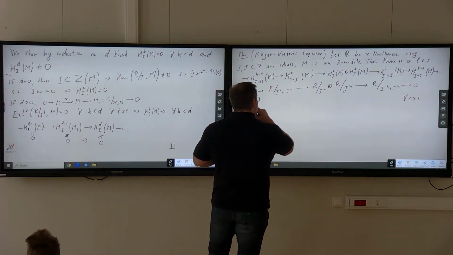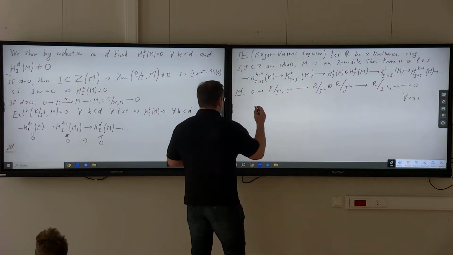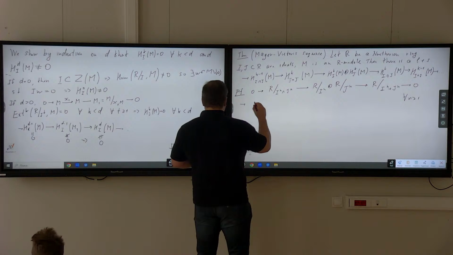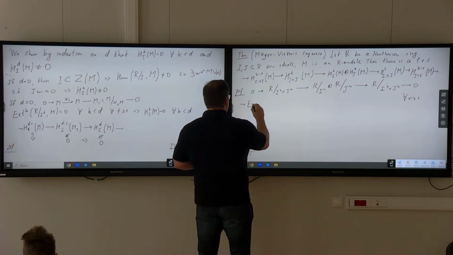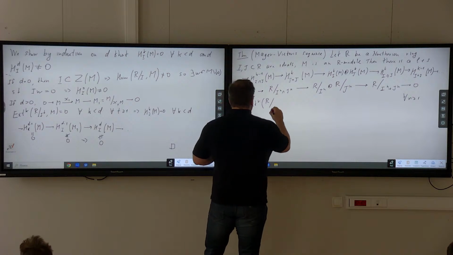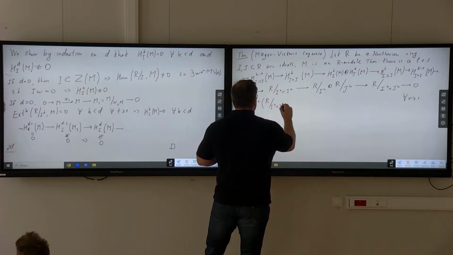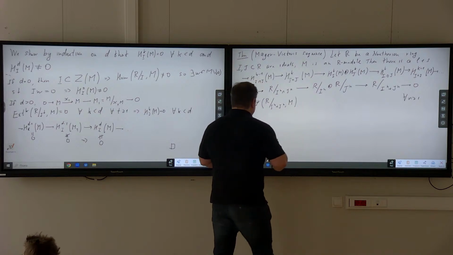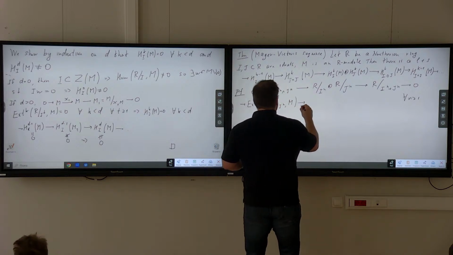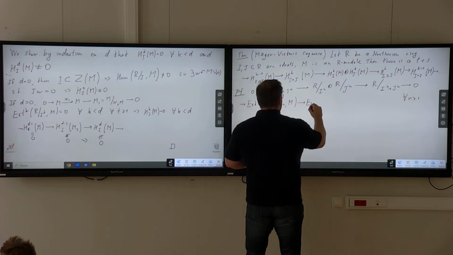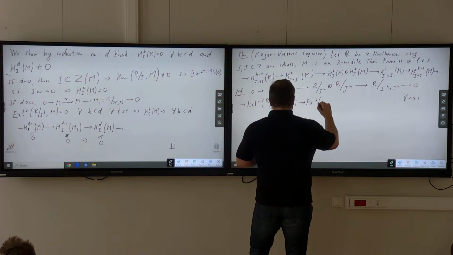Okay, for this we can look at the corresponding long exact sequence of Ext. So we get Ext^k of R modulo I to the n plus J to the n, M, and next, k.